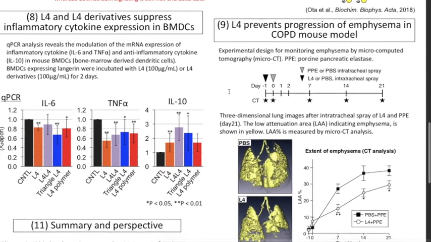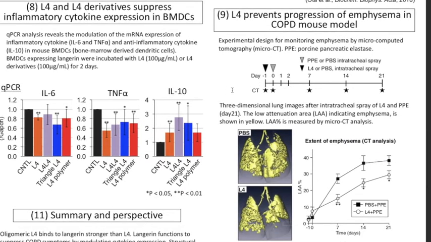Following this, we next challenged COPD model mice with L4 treatment. In this mouse model, administration of PPE, porcine pancreatic elastase, by intratracheal spray can induce COPD-like phenotypes within a few weeks.